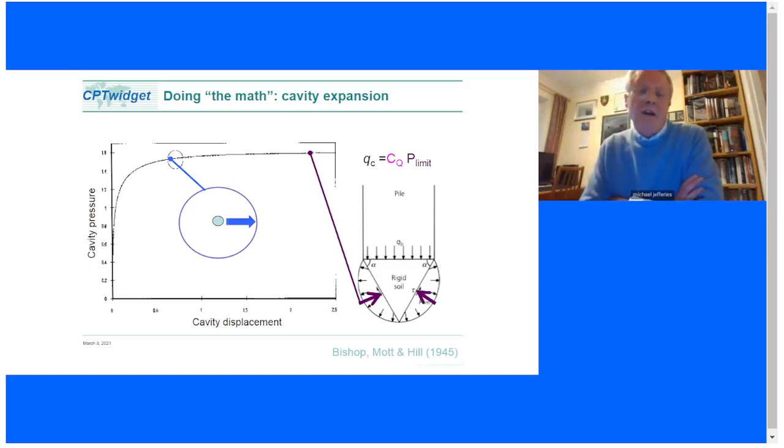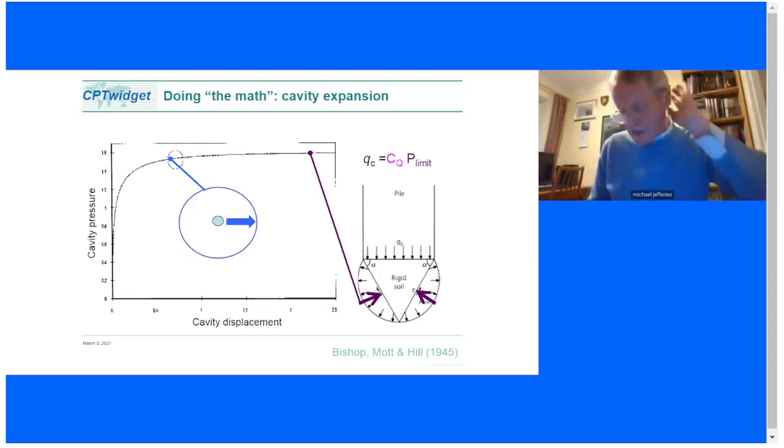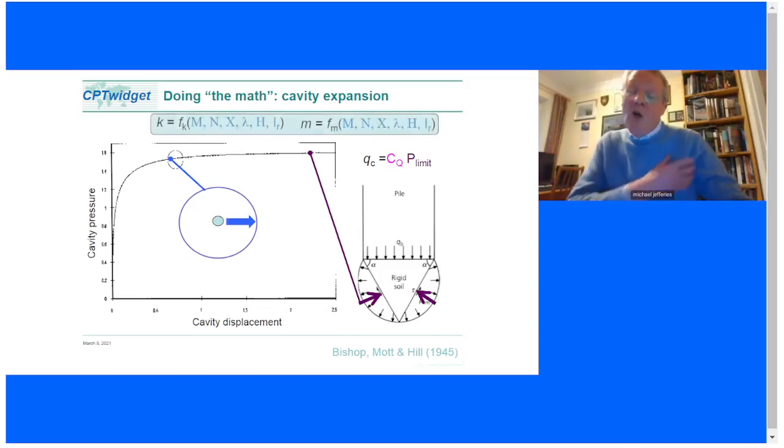We wrote our own finite element code to do this, and it's fondly known as the CPT widget. And that is a component of what you will need to use, because you're going to have to go through the same process in using NorSand: you're going to have to work out what is the appropriate response for your CPT. And what we discovered is it's not just compressibility that matters. In fact, all the soil properties affect your calibration of your CPT.